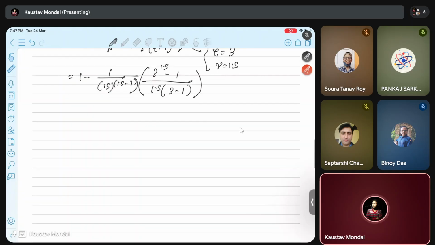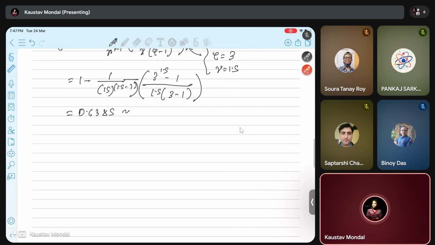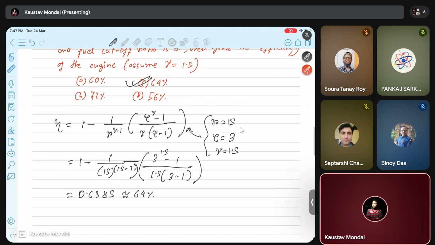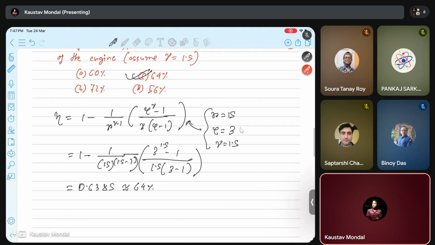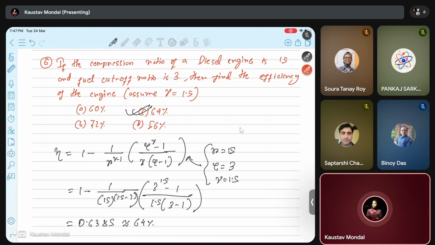If you do the calculation, you'll get 0.6385. So it's around 64% efficient. This will be the correct answer. It's easy, you just have to put the numbers into the formula.